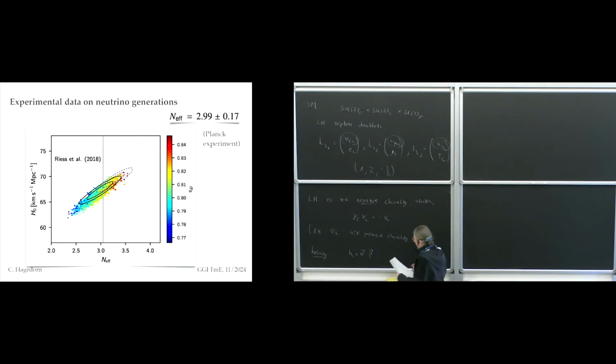You can also normalize this, so that it is the projection of the spin on the momentum direction, which is P hat.